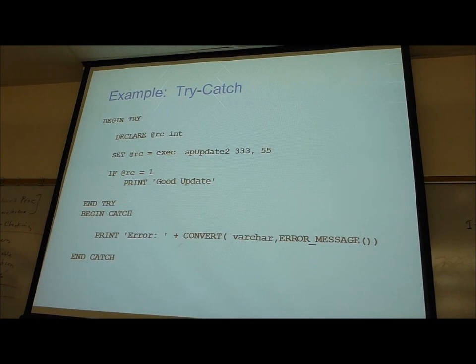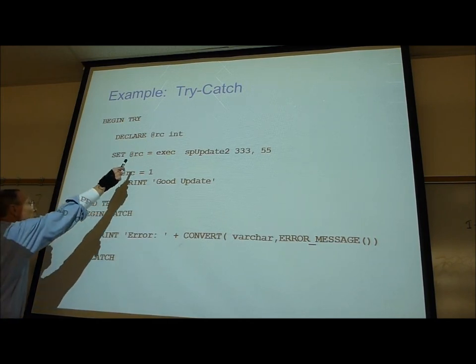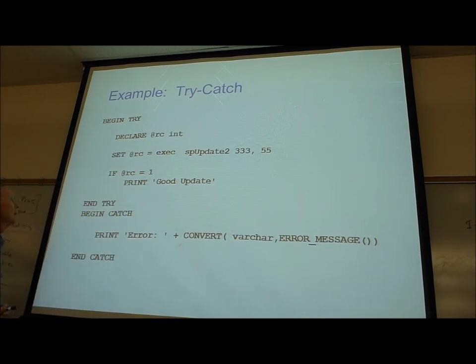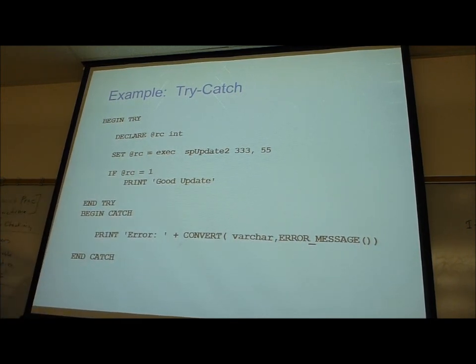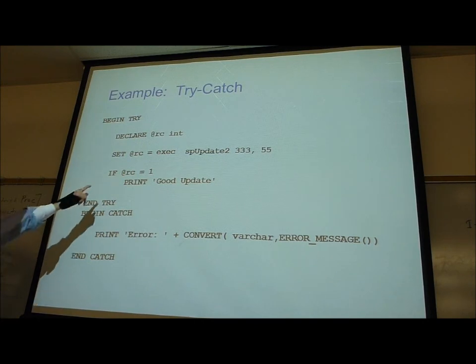So here, I have to have some variable to capture that. And that syntax is not right there. I'll correct that. I think we'll see in my script. But we have to execute this and return the value into this variable.